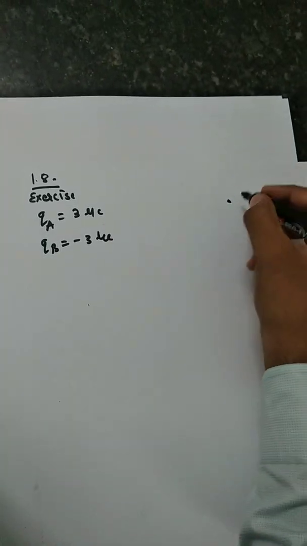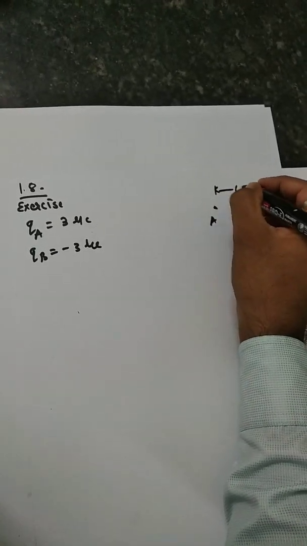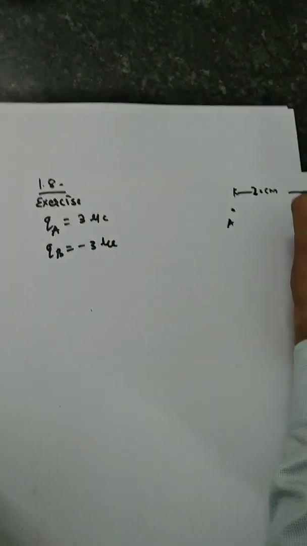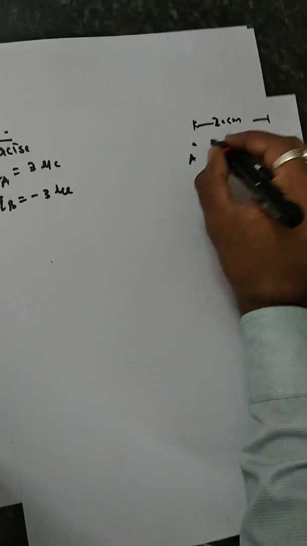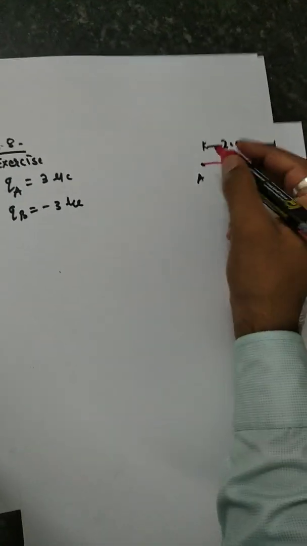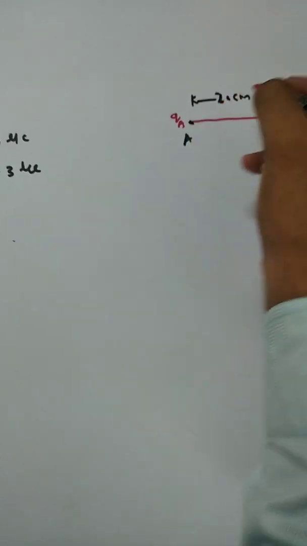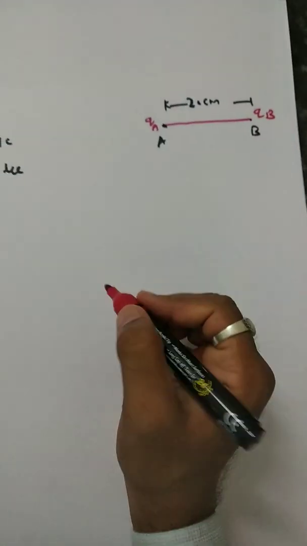Suppose I take this as point A and this as point B, and the distance between both is 20 centimeter. Suppose this is charge QA and this is charge QB.